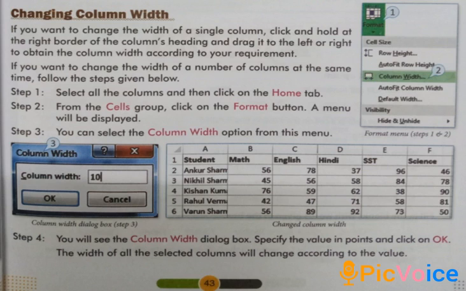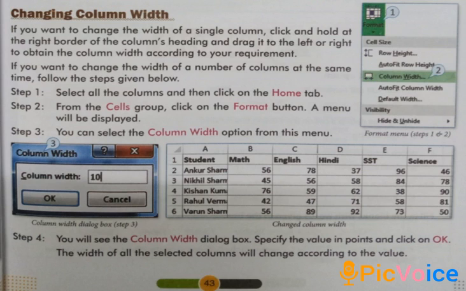If you want to change the width of a number of columns at the same time, follow the steps given below. Step 1. Select all the columns and then click on the home tab.